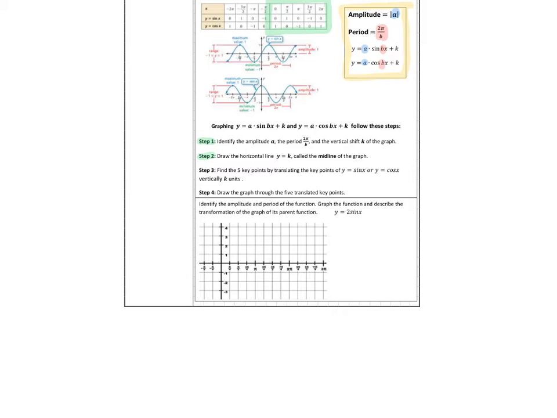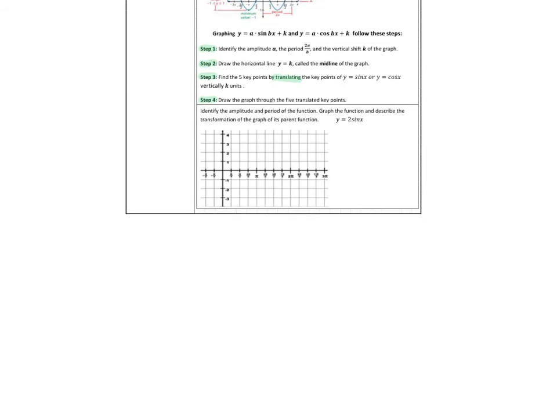Then step 2, draw the midline. Then we use our 5 key points, graph them, and translate those. Then we draw the curve through our points to get our curvy graph, which is called a sinusoid. Okay, enough of those.